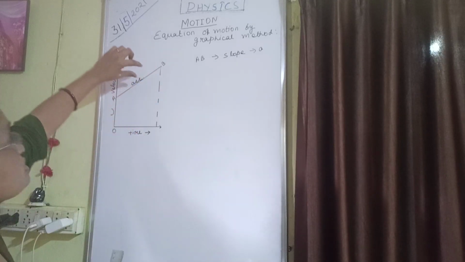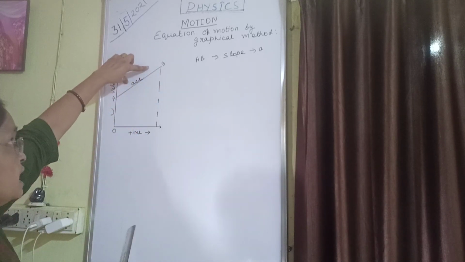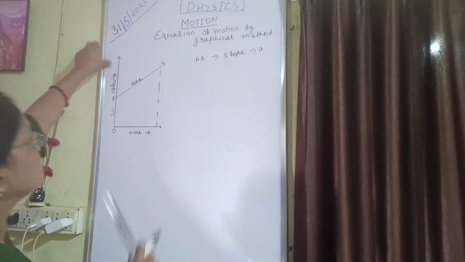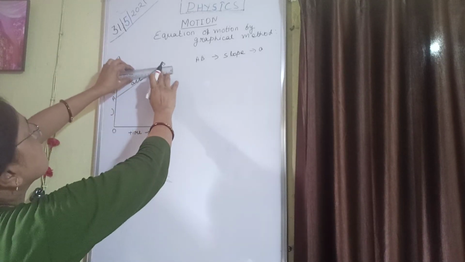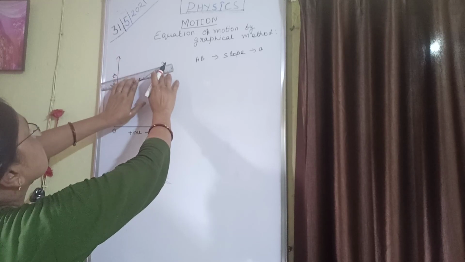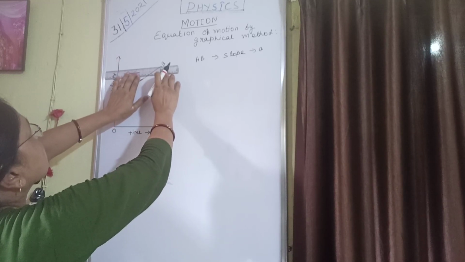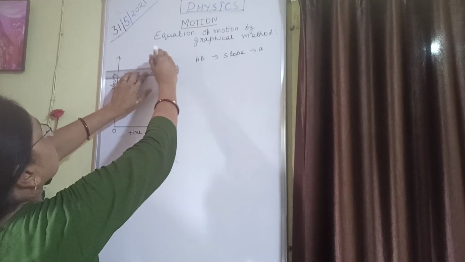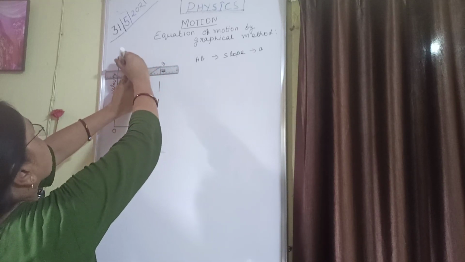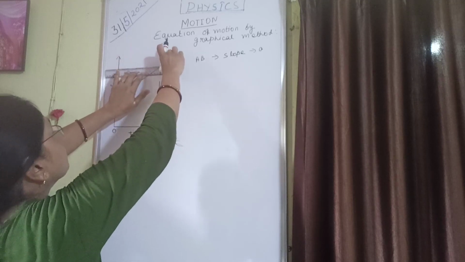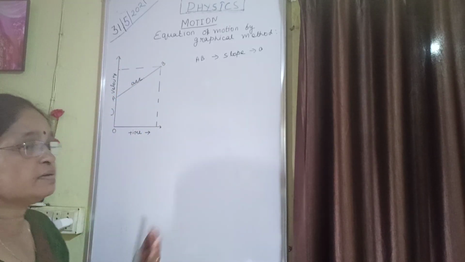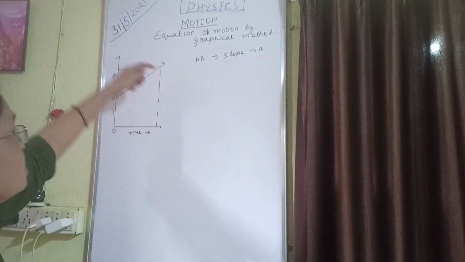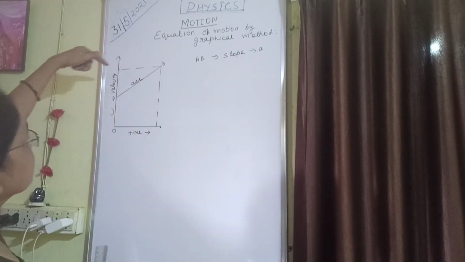Now, when we relate this acceleration with the y-axis, that is the velocity axis, we draw one more perpendicular line on the y-axis. With whichever axis we have to relate, we draw a perpendicular line on that axis. We have got these two lines.